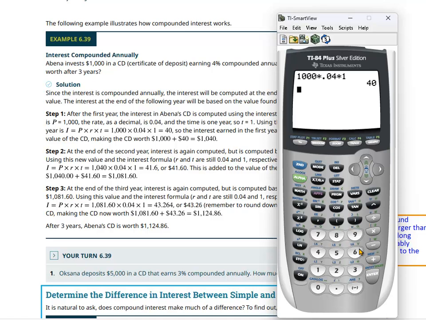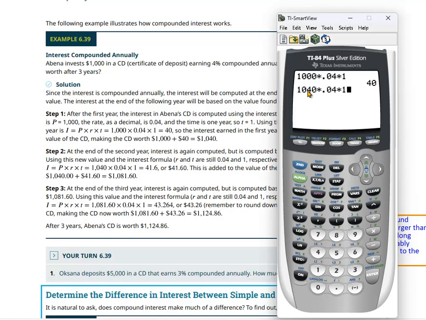Now, what's going to happen is that is being added to the 1,000, and I don't have to put that on the calculator. I just added $40 to it. And now I'm going to do times 0.04 for the second year, and notice that what I just did a moment ago is step 1 here, and what I'm doing now is step 2, again times 1 year.